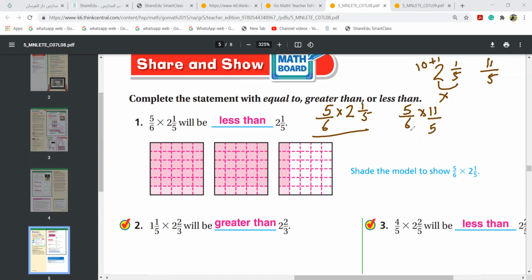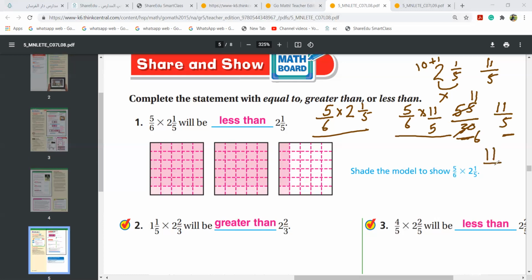You have to compare this. That is 55/30. And then you have here 11/5. How do you know that this is less and this is greater? Okay, let me start with it. 5/11 and 5/6.